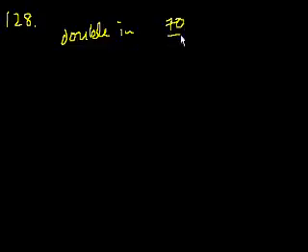Next problem, 128. If money is invested at R% interest, compounded annually, the amount of the investment will double in approximately 70 over R years. Okay, so you double in 70 over R years.